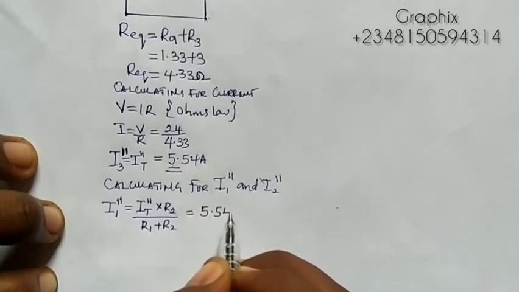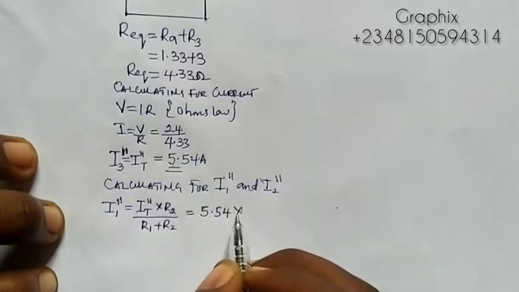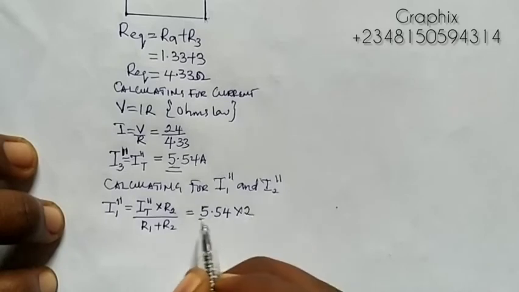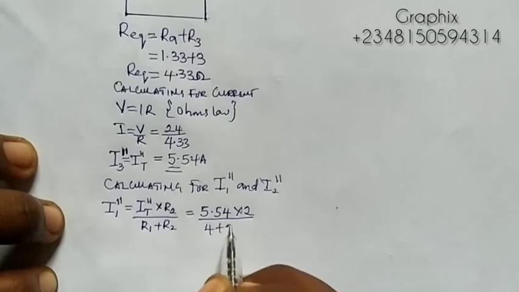5.54 times R2, which is 2 ohms, all over 4 plus 2.